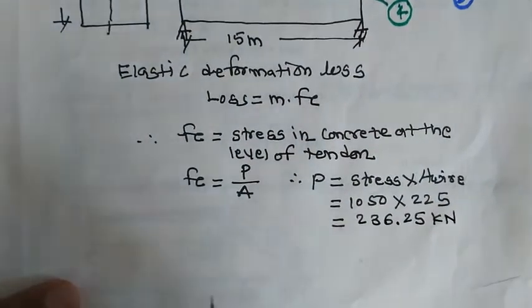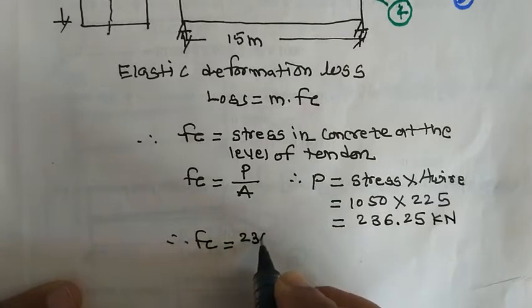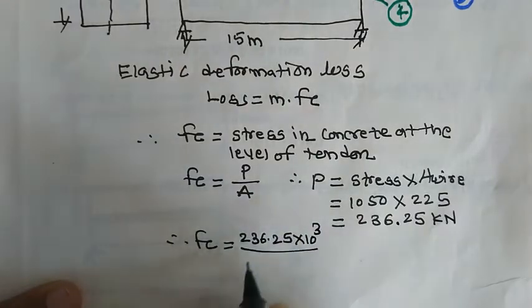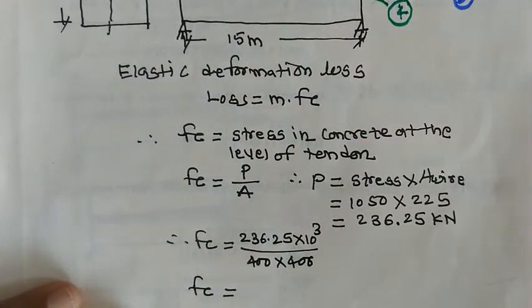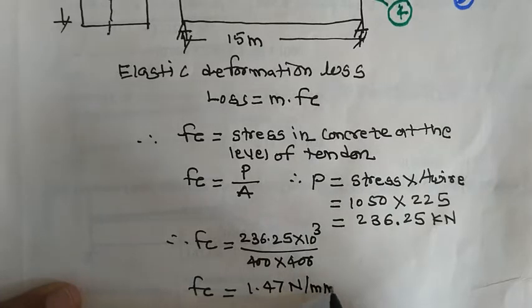So simply you have to put in this formula, fc is equal to 236.25 into 10 raised to 3 divided by 400 mm by 400 mm, which is the cross sectional dimension of concrete. So the value of fc is 1.47 Newton per mm square. So this is the value of fc.